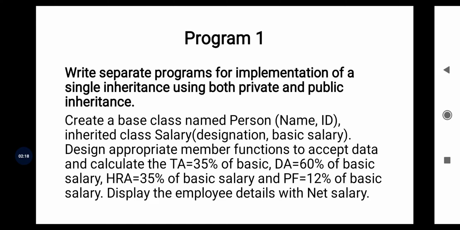And if you need to go back and revise, you can always refer to the video lecture which I have sent, where I have explained how the protected keyword has an advantage over the private keyword. Right, so that's the first program.